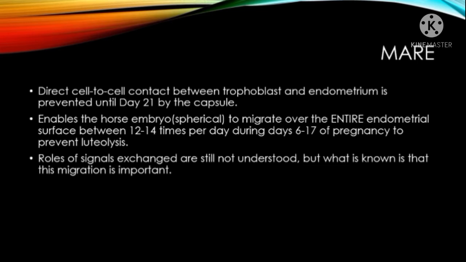In mares, it is believed that this is the form of signaling instead of implantation, like in other species. The role of signal exchange in mares is still not understood, but what is known is that this migration process is important.